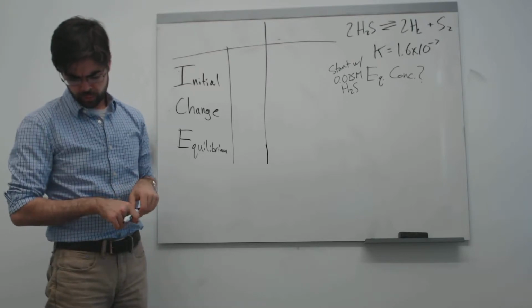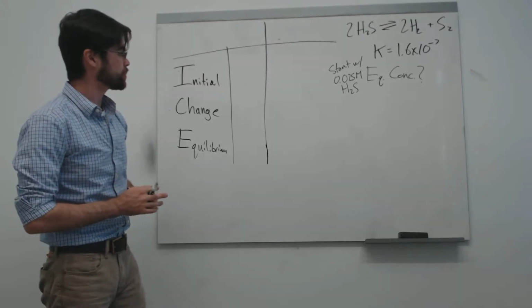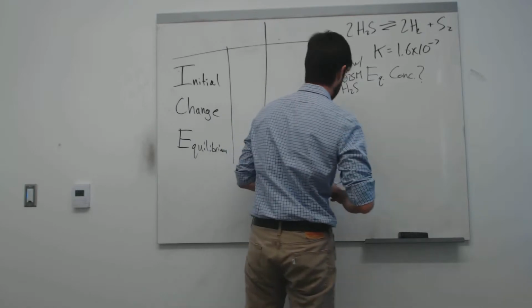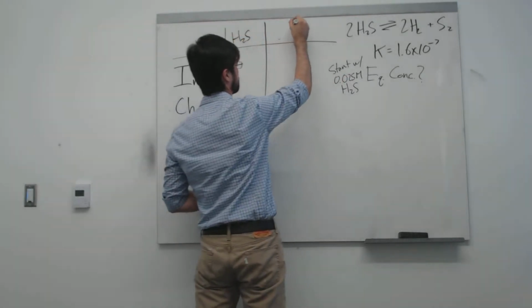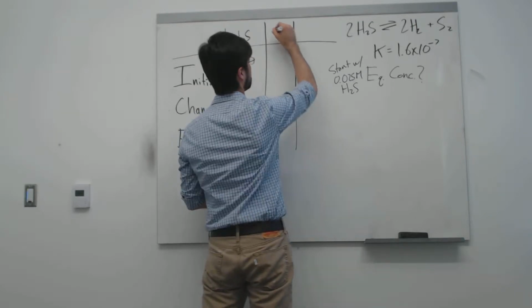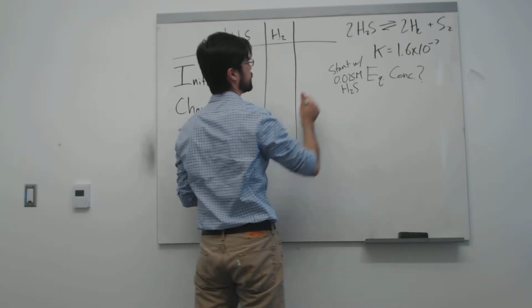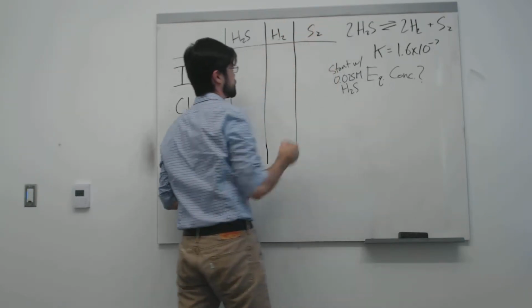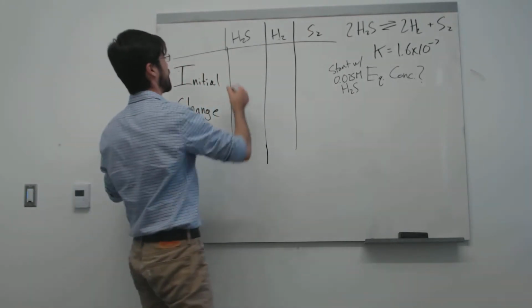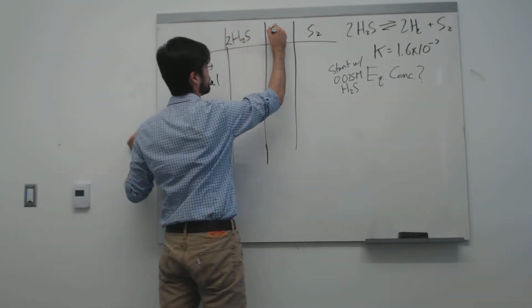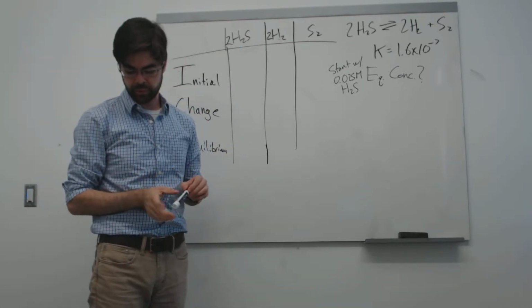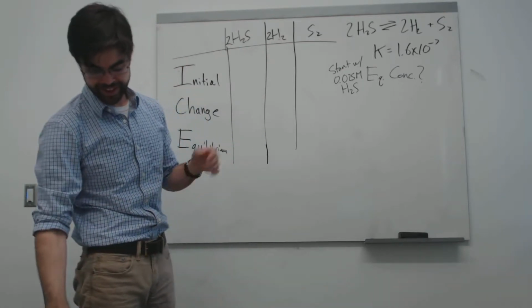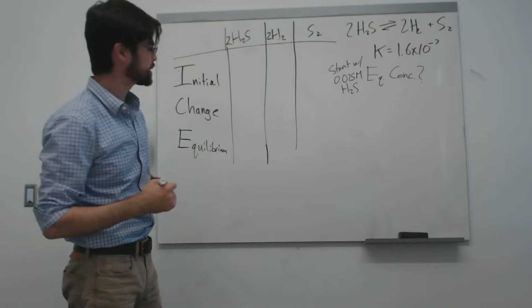So, what we can do here is we can start filling up our ICE box. So my ICE box here, I'll have H2S in one column, I'll have H2 in the other column, and then S2 in my last column. I sometimes like to include the molar coefficients in my ICE table just to help remind me that they are there and they are important.